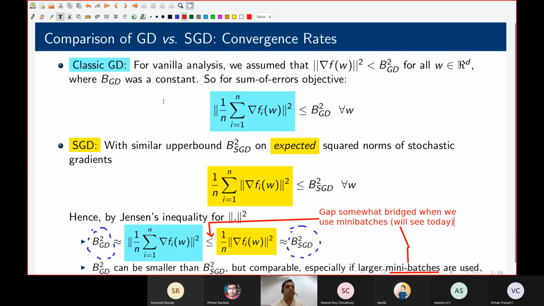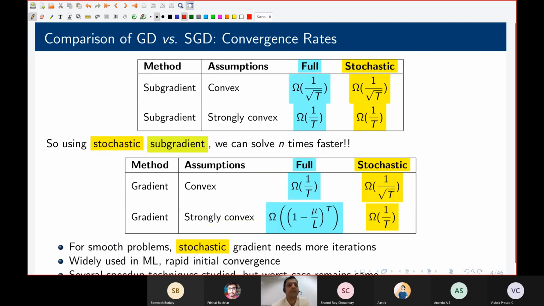I left you with this homework, where you could look at the full versus stochastic. You find that under normal convexity assumptions, they are very comparable. That's with subgradient analysis, and if you do strong convexity, again they're comparable.